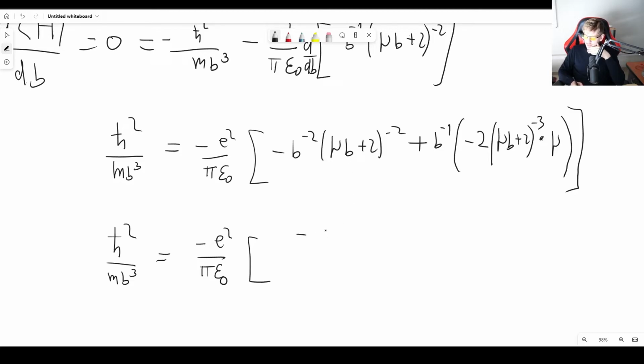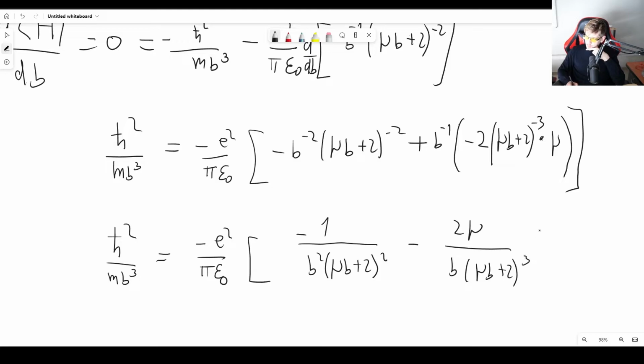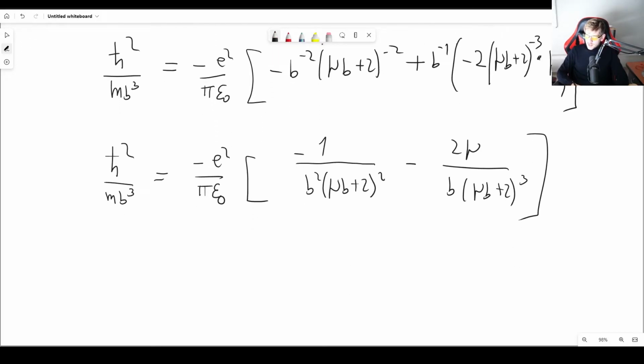We have minus 1 divided by b squared times mu b plus 2 squared, plus, actually there's another minus, so I guess minus 2 times mu divided by b times mu b plus 2 cubed. So you can see that if we take a common denominator, we can simplify this a little bit. We can also put this inside, so we get rid of the minus signs.